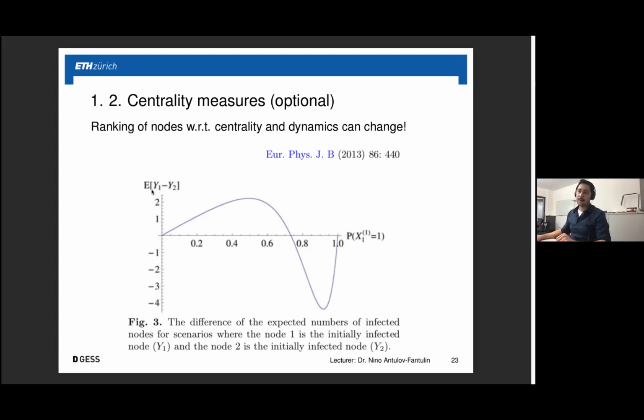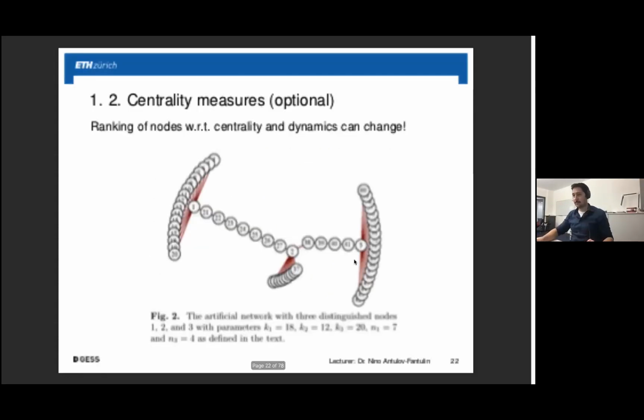So the x-axis is a control parameter that tells us something about the epidemic process. As we change this control parameter, or change the dynamics, we see that the ranking of nodes is also changing, which is surprising. In a range from 0 to this value, the expectation of the difference is positive. After that, the expectation of the difference is negative, which means that the ranking of nodes 1 and 2 is changing.